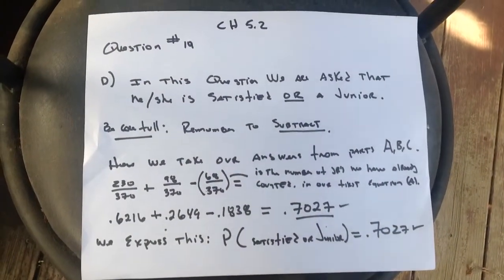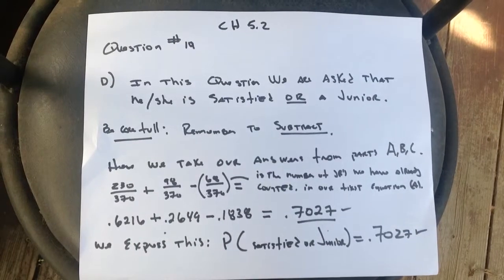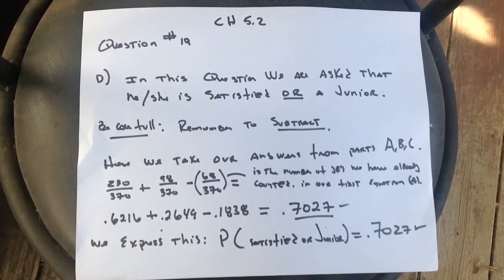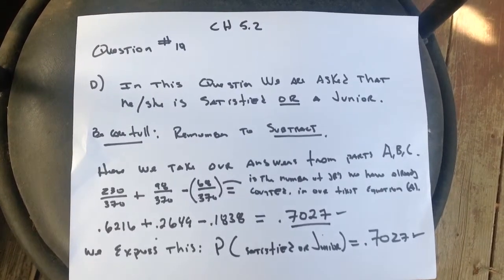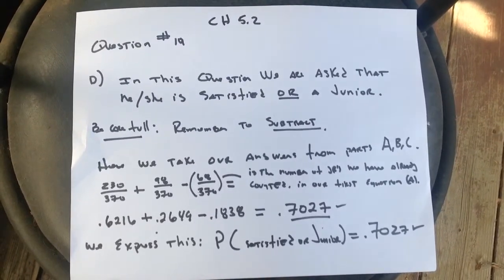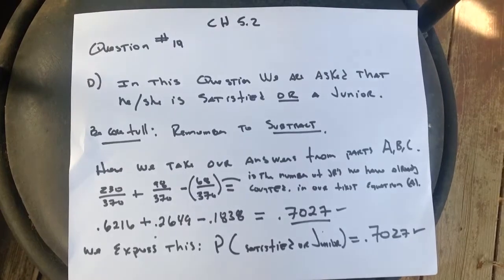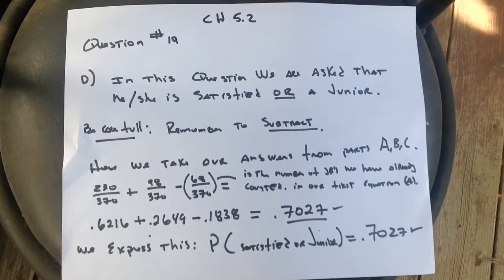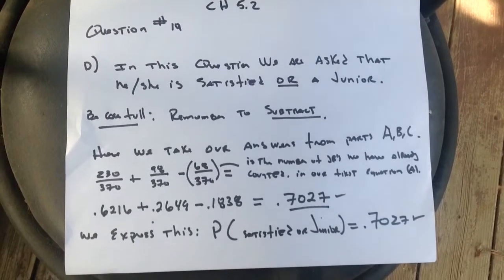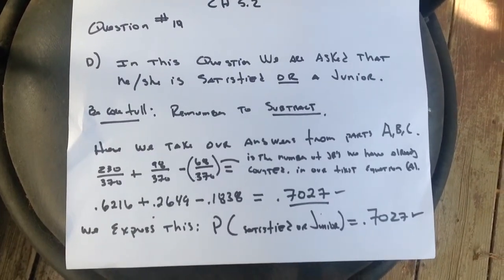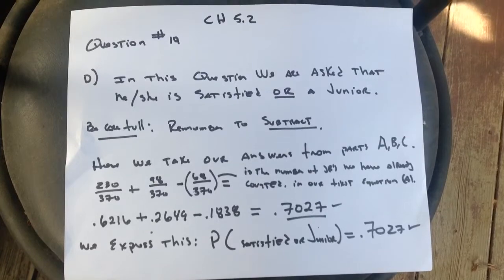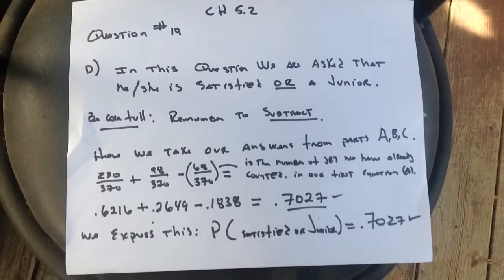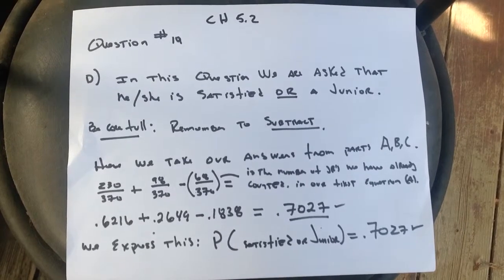Section D asks me, what if he or she is satisfied or a junior? Again, remember that this is the portion of the question where we will be subtracting a number of juniors because we've already included them in our equation. I expressed that as part A plus part B minus part C. As we can see, we've already done that in the earlier portion of the equation.